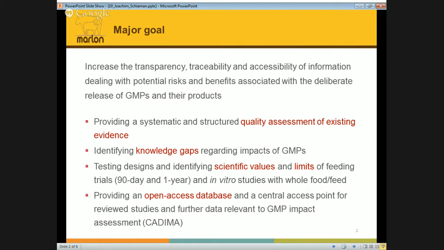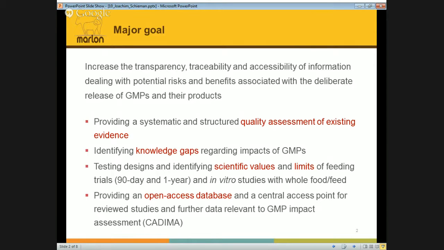There are four main points considered in the frame of GRACE. The first is to provide a systematic and structured quality assessment of existing evidence linked with genetically modified plants and products derived from them. Then to identify knowledge gaps regarding the impacts of genetically modified plants.